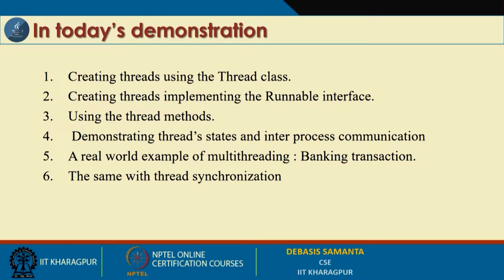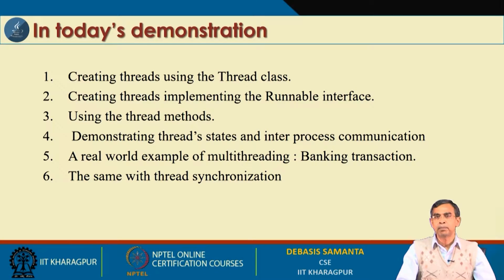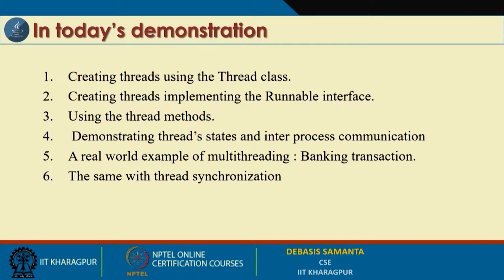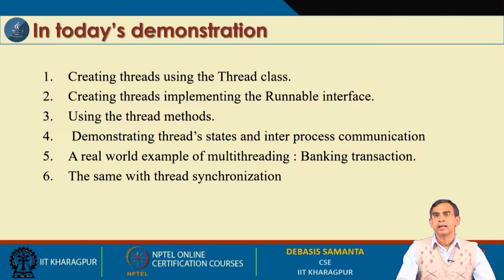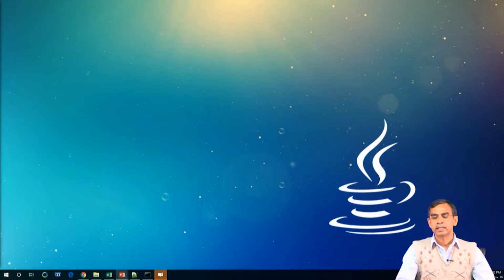Finally, we will discuss one real-life example, a very small one: a banking transaction. How the transactions for the operations of an account holder in a bank can be managed using threads themselves, through the process of synchronization. We will discuss these things.